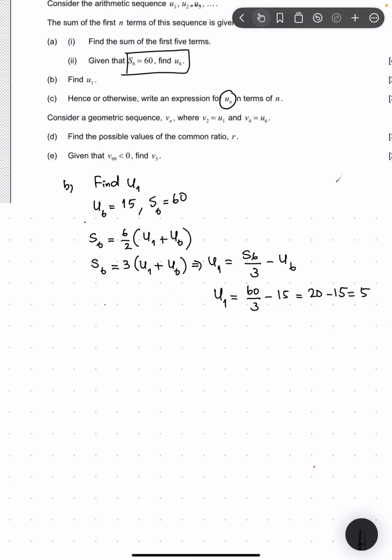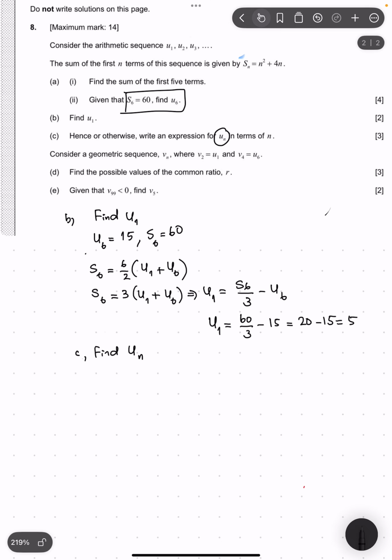And for part b, hence or otherwise, find the expression for Un. So we already had U1 and U6, and they want to find Un. The sequence that we're doing right now, U1, U2, U3, and so on, is an arithmetic sequence.